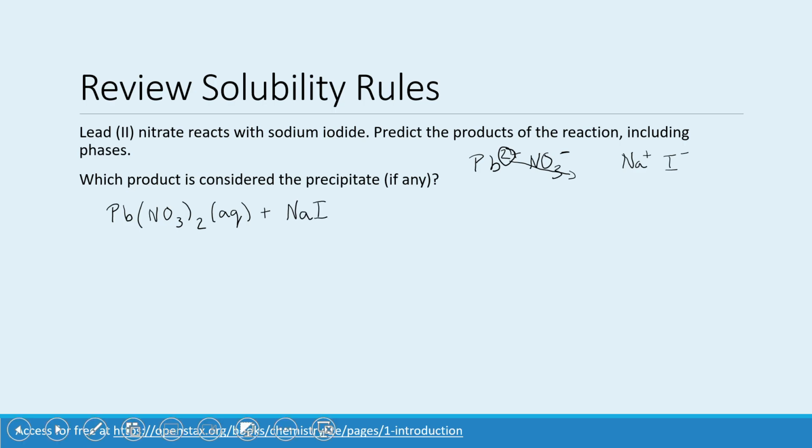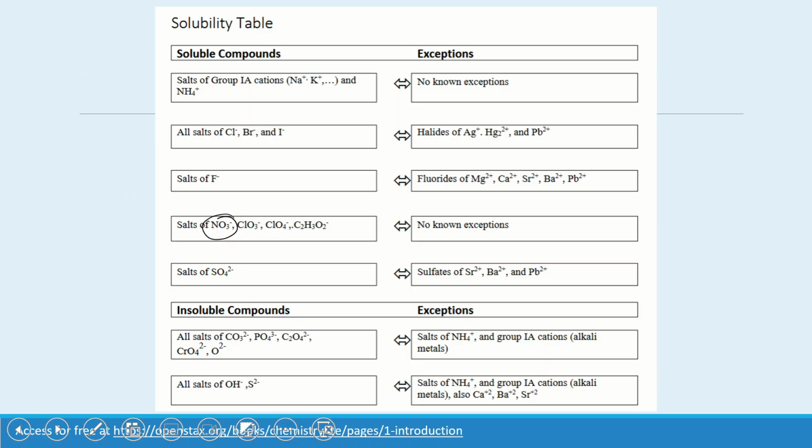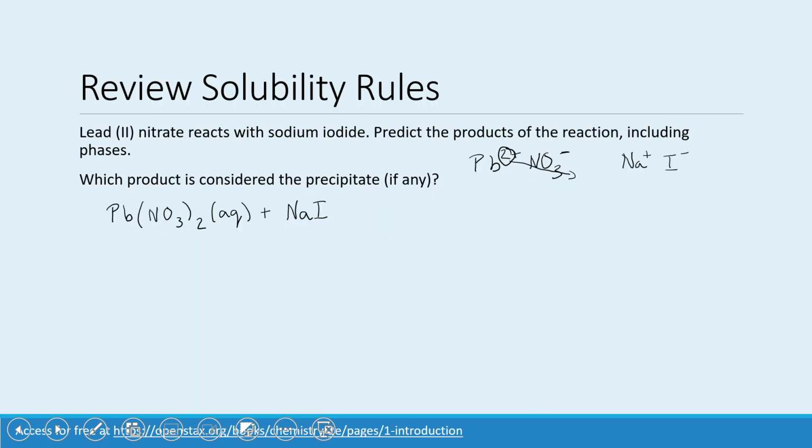Then we're going to look for iodide on the solubility table, so that's here. It is soluble unless it's bound with silver, mercury, or lead, and specifically lead(II). If we go back, it's not chemically bonded to any of those right now, so that's also going to be soluble.